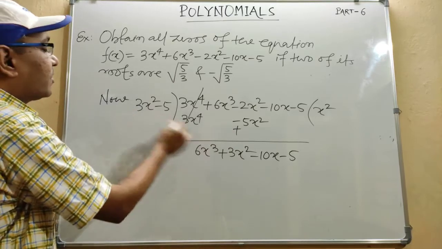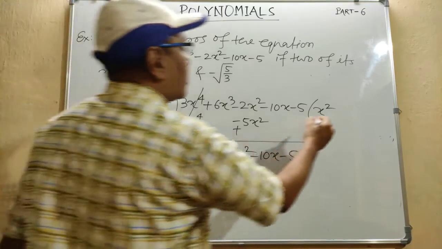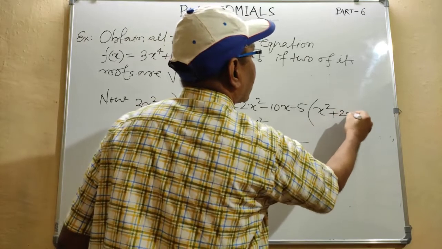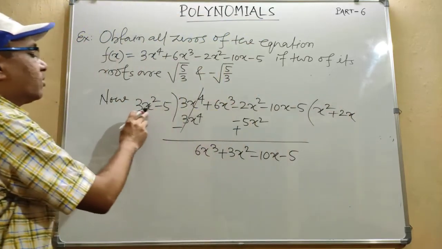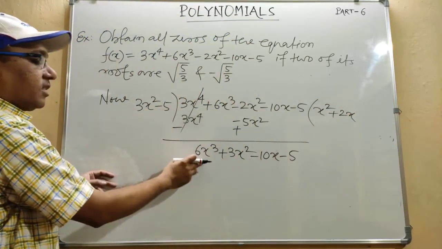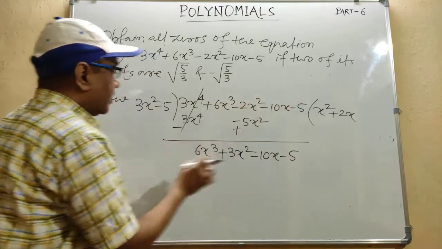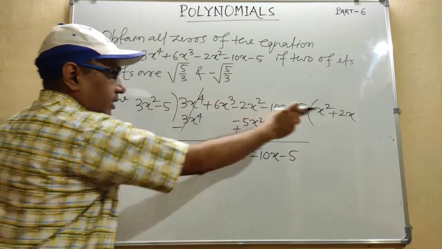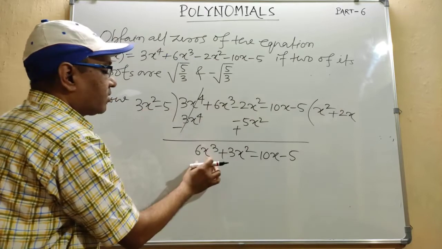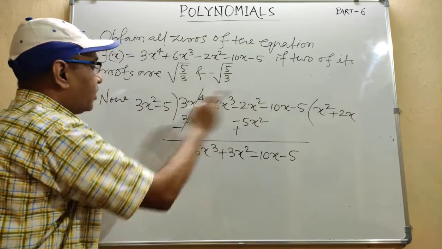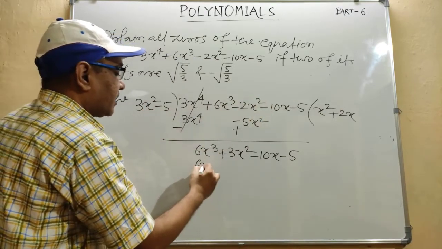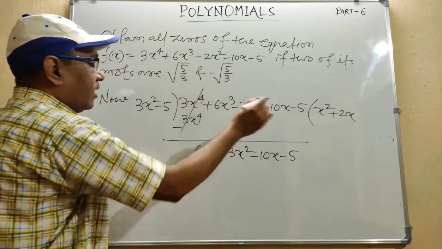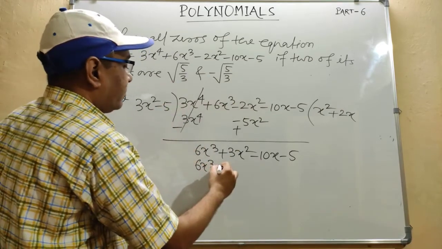Here it is 6x cube, here 3x square. So what is required? 2x. 2x into 3x square will be 6x cube. We have to take in such a way that the product of this and this should give this first term. 2x into 3x square, 6x cube. Now 2x into minus 5.